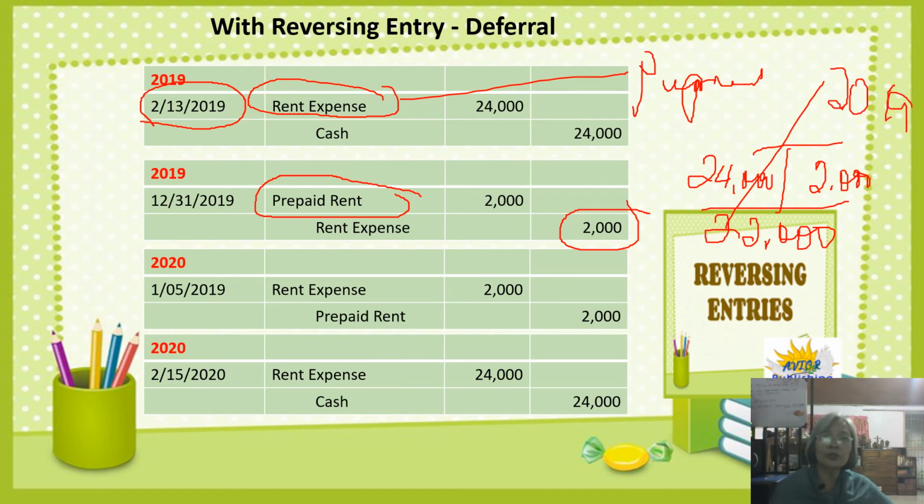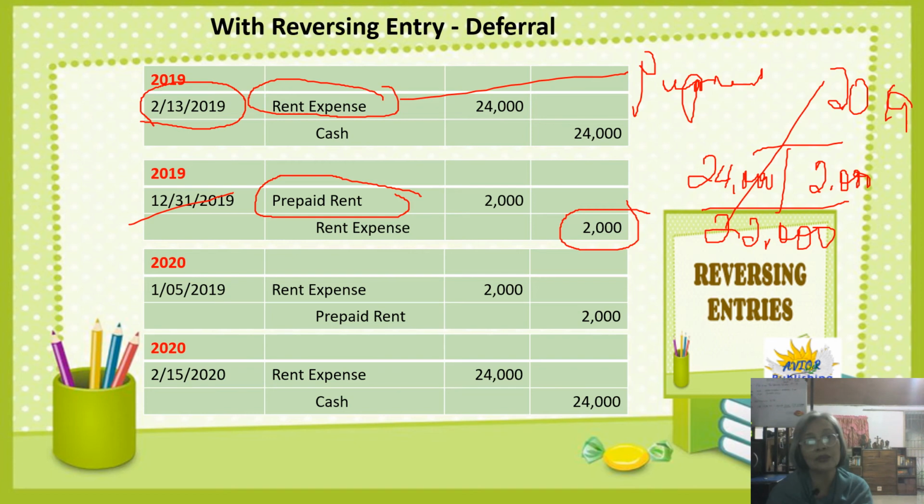So, itong 2,000, yung expense natin noong 2019 na 24 ay may matitirang 2,000. I-reverse natin ngayon itong adjusting entry na to para maibalik siya sa tamang method.